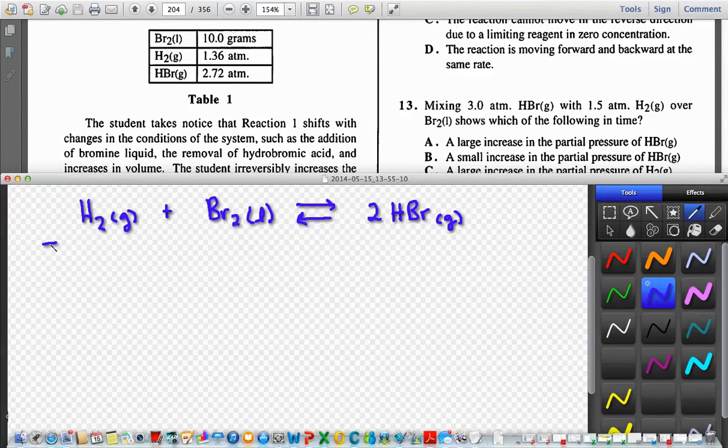And so initially we have 1.5 atmospheres. Initially we have 3 atmospheres.